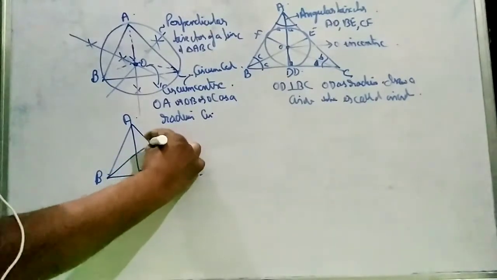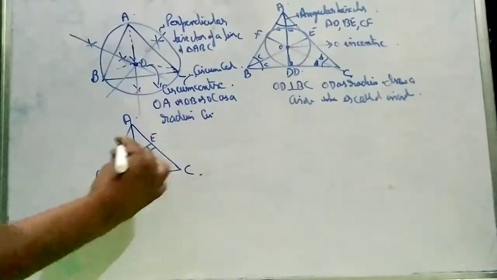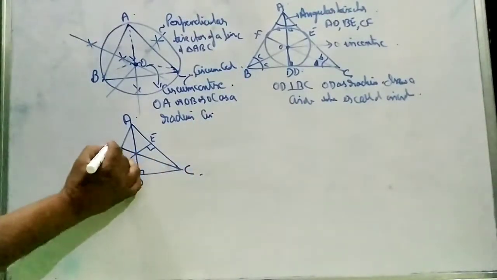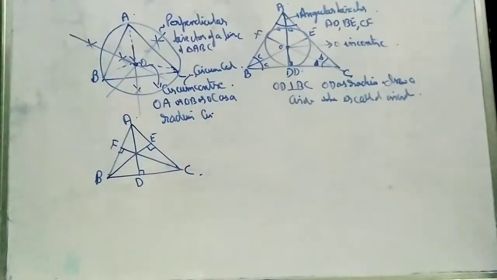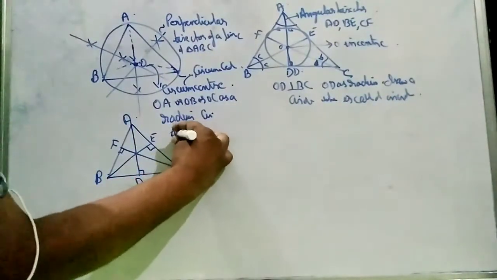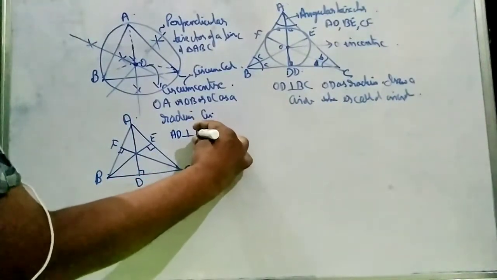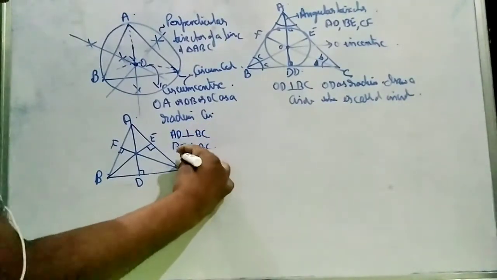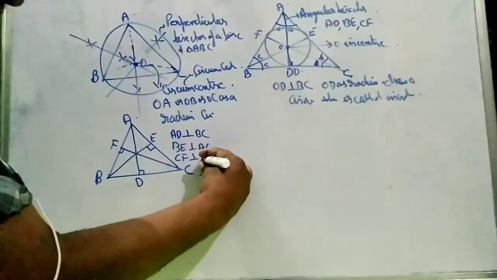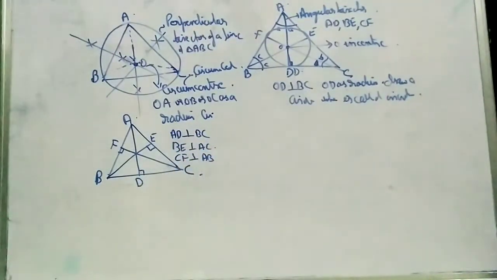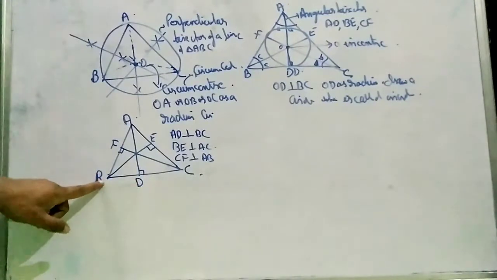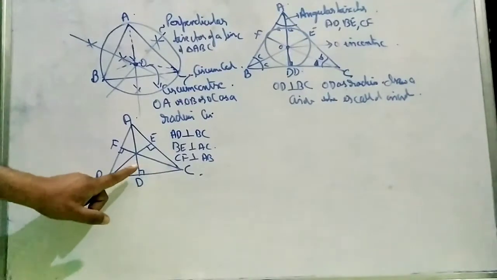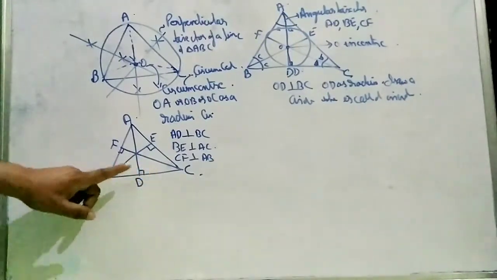From B to E, again we drop it at an angle of 90 degrees. The compulsory part is that it should make an angle of 90 degrees. So AD is perpendicular to BC, BE is perpendicular to AC, CF is perpendicular to AB. This D may divide the line into two equal parts, but it is not compulsory.